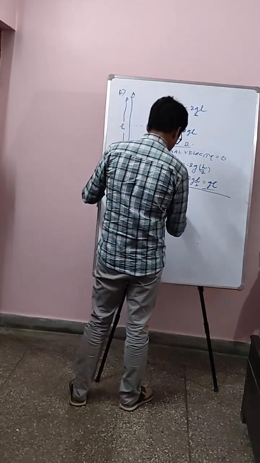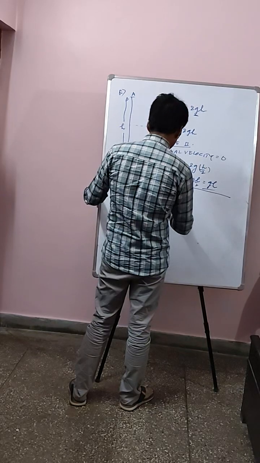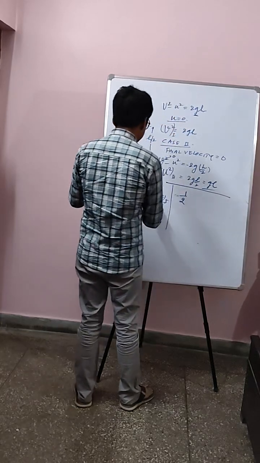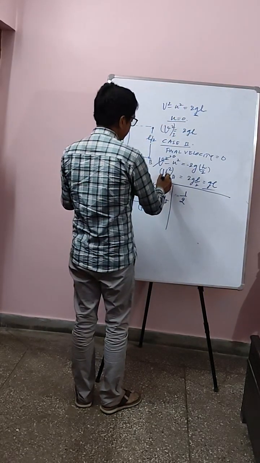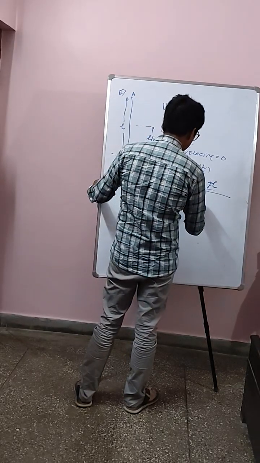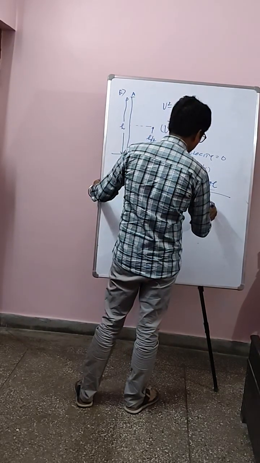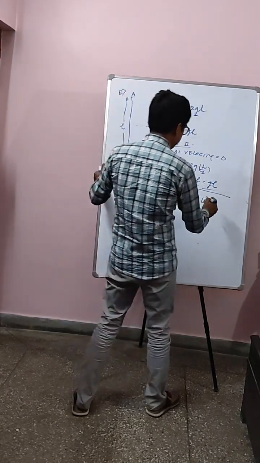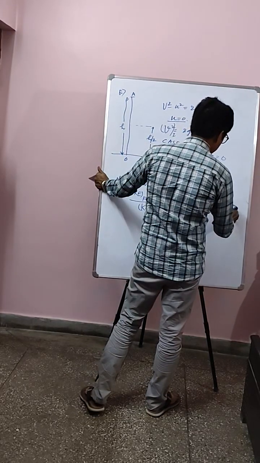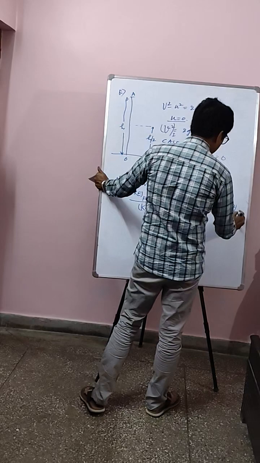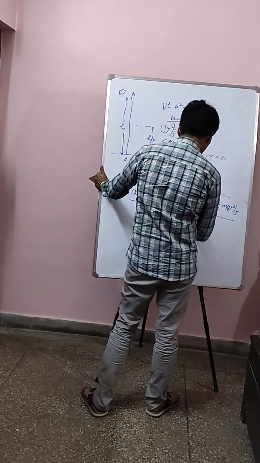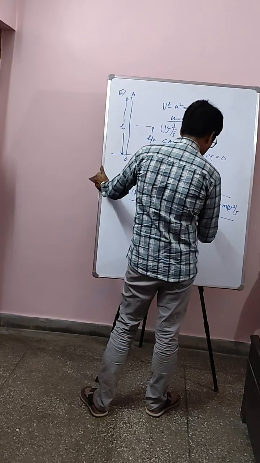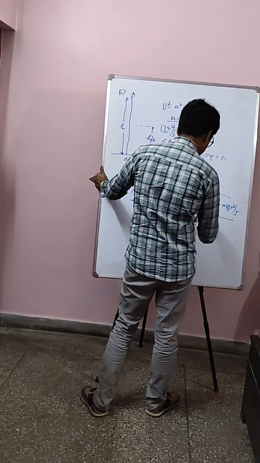Kinetic energy final equals half m u square in the second case, minus kinetic energy initial, half m v square in the first case, divided by half m v square in the first case.